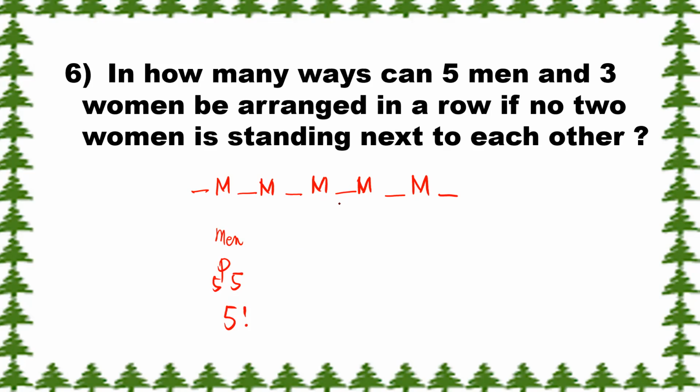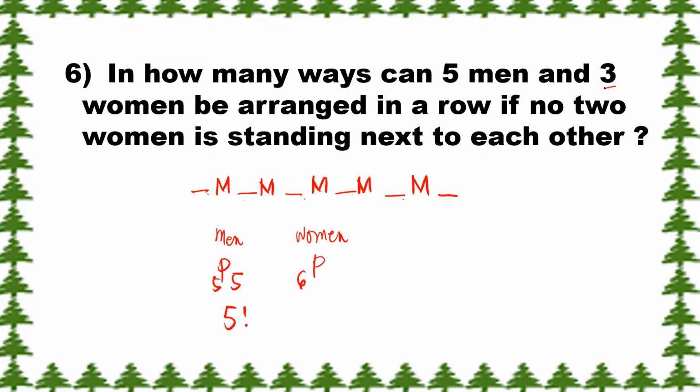So women, since ang goal lang naman natin is no two women are standing next to each other, meaning basta may pagitan sila na lalaki ang nasa pagitan nila. And there are 6 positions. That's permutation of 6.